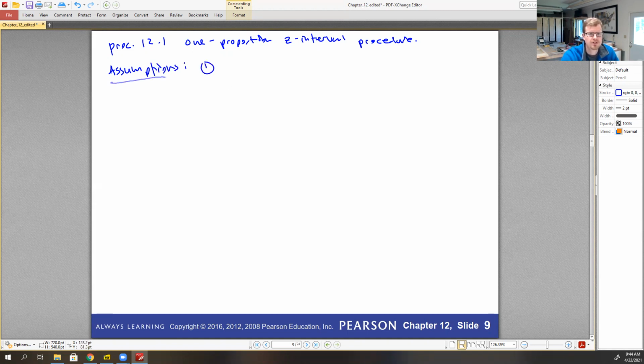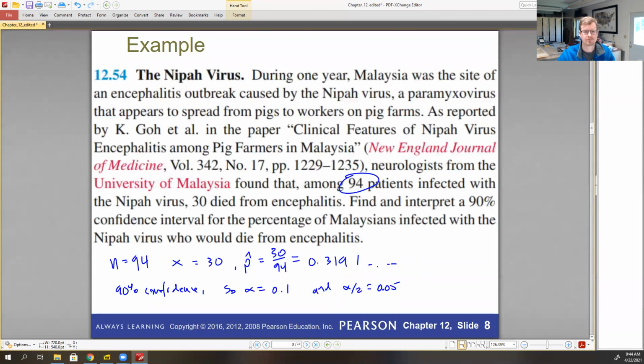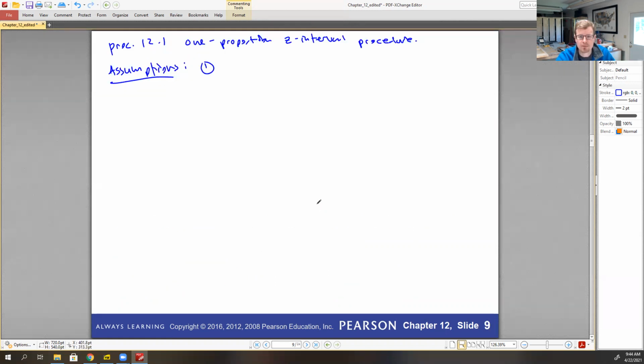So the first assumption is that we have a simple random sample. And is that the case? Let's see here. It doesn't specify that. It doesn't appear to, but we can assume yes, simple random sample. We'll say yes, close enough.